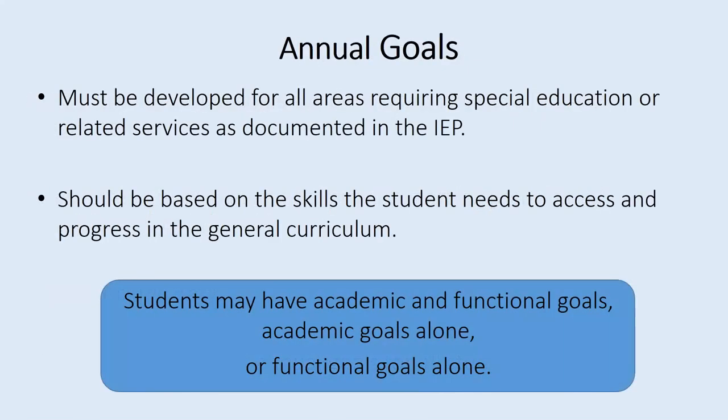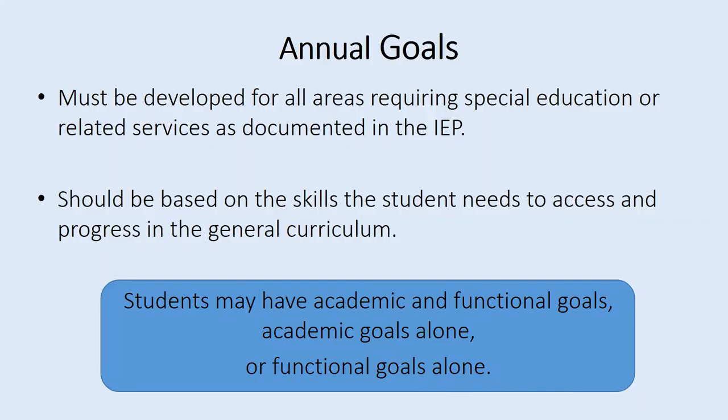They have to be developed for all areas that require special education or related services, as in the IEP. Your related services are not going to look any different unless there is something related to, let's say, OT, for example, that may impact their work in the community depending on what work they're doing. OT may have to be involved in a little greater role in determining what's appropriate in the workplace. The same thing with PT or orientation and mobility.